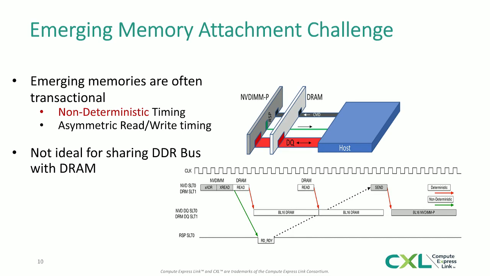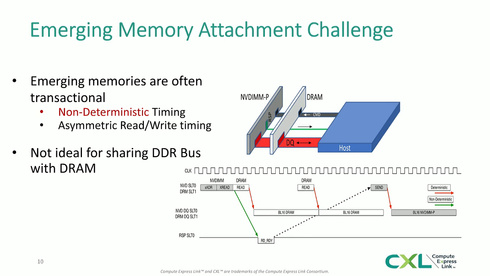One is that you might have to share that channel with a normal DRAM-based DIMM. And the other option is to put it on a channel by itself. But as we saw before, we want to use all the bandwidth possible for high-performance DRAM. So the general conclusion there is that you have to share this with another DRAM.